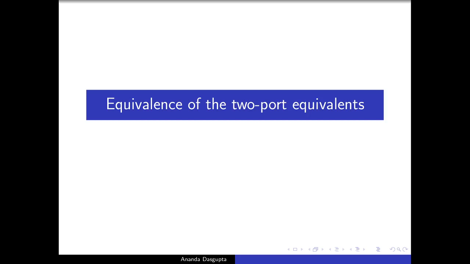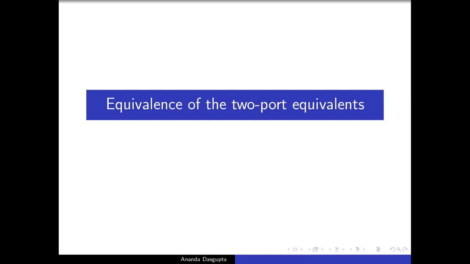So, in what follows, we are going to take a quick look at how to derive the H parameter equivalence of a two-port network if I knew already the Z parameter equivalence. Now, this is just an illustrative example. You could carry out a very similar analysis for the other pairs that I mentioned right now.